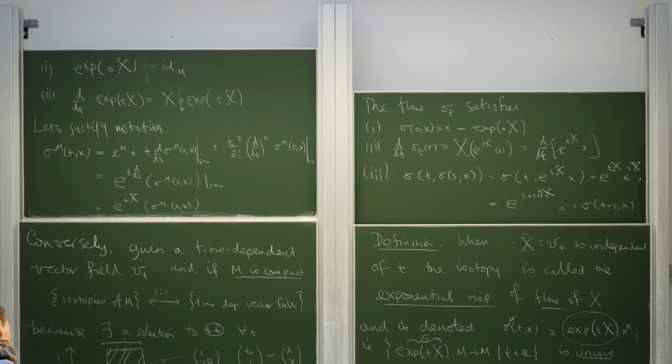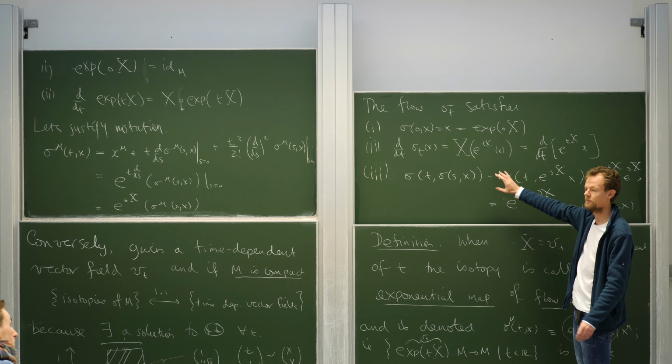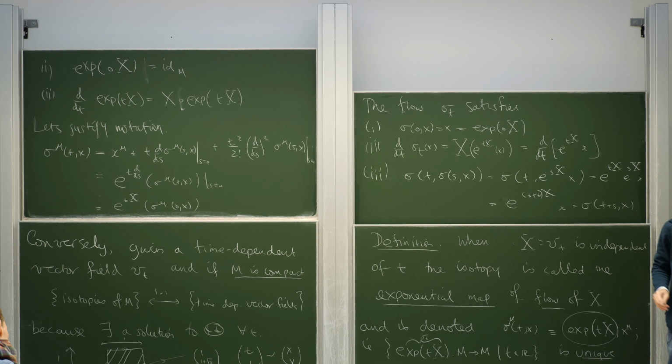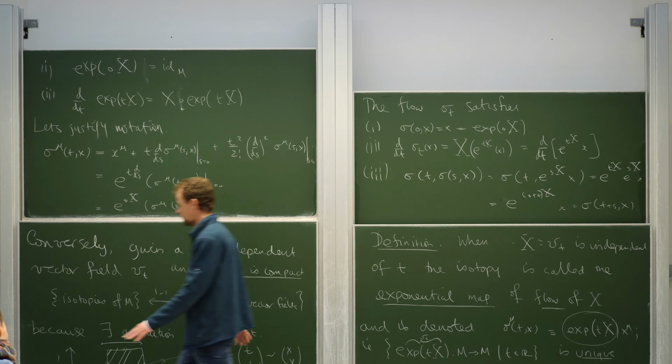So since this is for all time, that makes this into a group, a one-parameter group of diffeomorphisms.